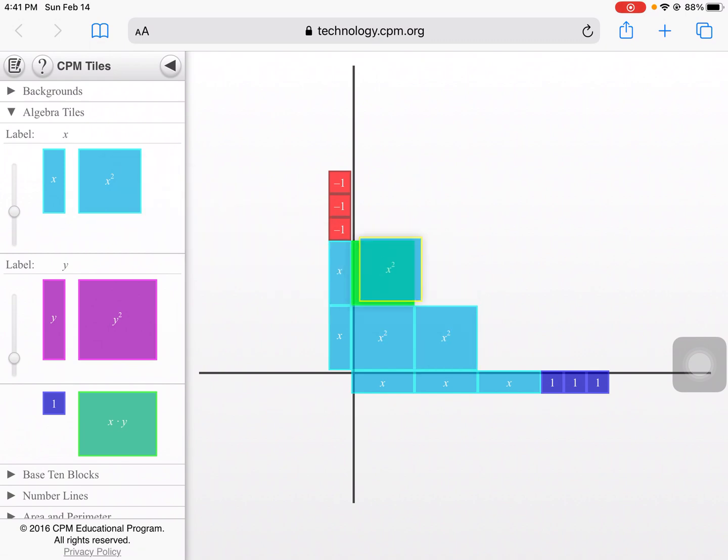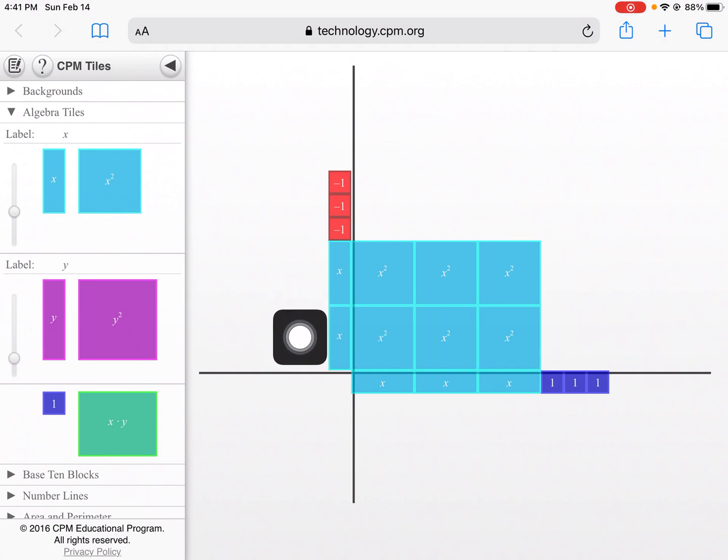we have x times x's. We kind of thought this would be 6x squared, and it looks like that fits. Then we'll do the x, these x's times these negative ones. Those are all going to give us negative x's.